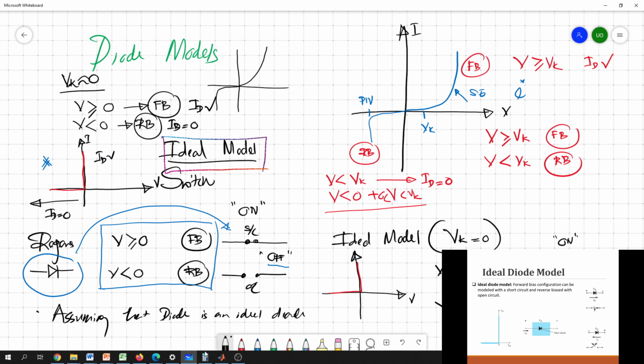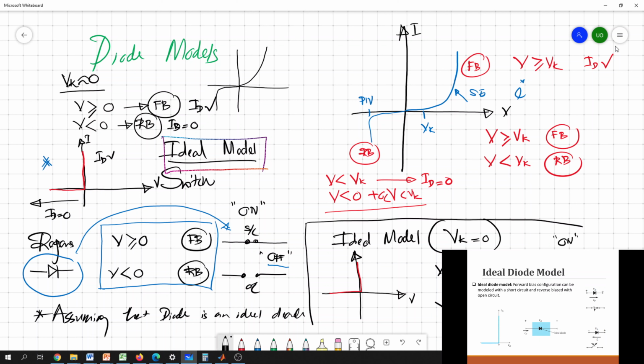Whatever calculation you make later on is completely invalid. So keep in mind, if you are sticking to the ideal model, you have to clearly mention that the diodes are assumed to be ideal. Otherwise, whatever calculation you do afterward is completely illogical. Okay, so this is the ideal model.